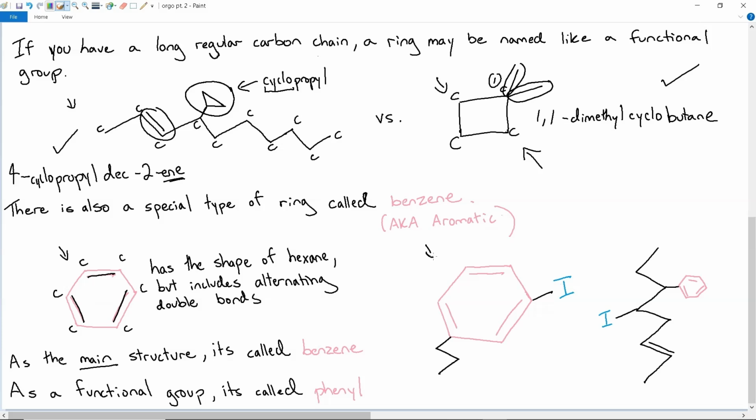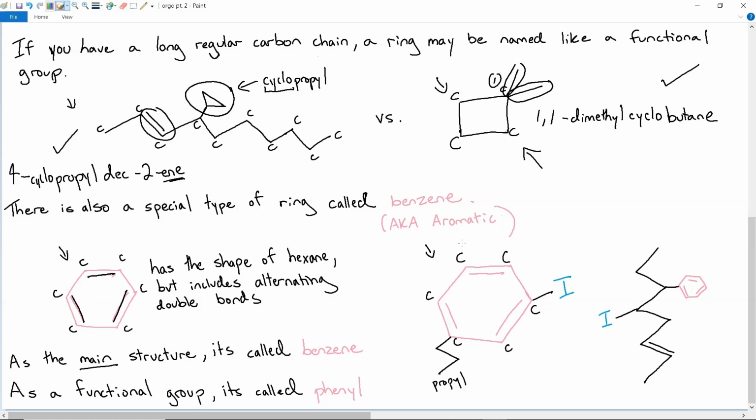In our first example here, we are going to treat benzene as our main chain because it consists of 6 carbons, and all we have attached to it as branches are an iodine here, and then it looks like this is a propyl group here because we have 3 carbons. So we know that they're going to have the name benzene here.